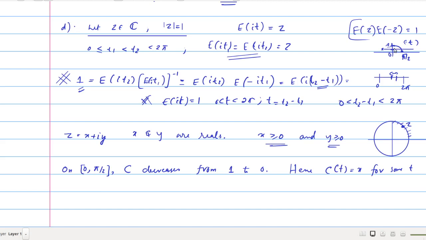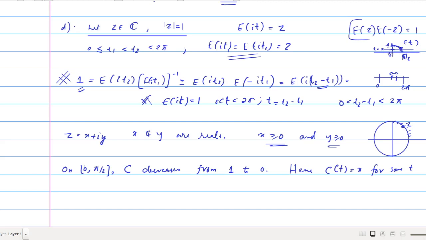Then we can say that this x is in between 0 and 1. When you consider the line t equal to x here, since c is decreasing, we can get at least one point at which the curve of c of t intersects with this line.